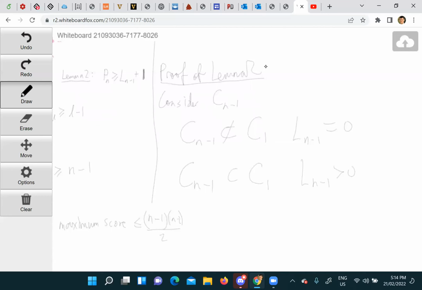So when Ln minus 1 is 0, see, how many points can you lose? But then we have to prove that Pn can't be 0. Pn always has to be greater than or equal to 1. Is Pn always strictly bigger than Ln minus 1?